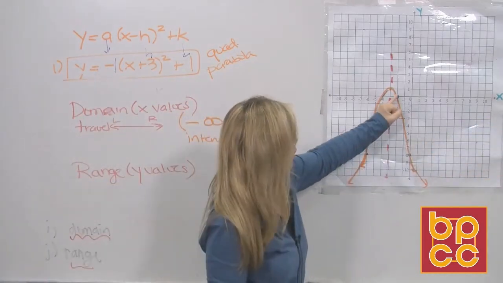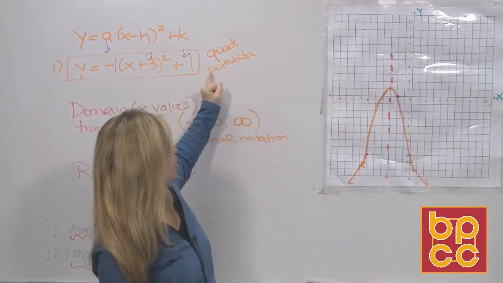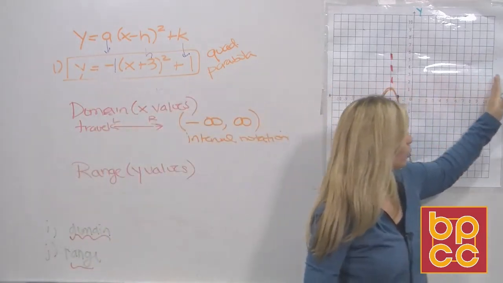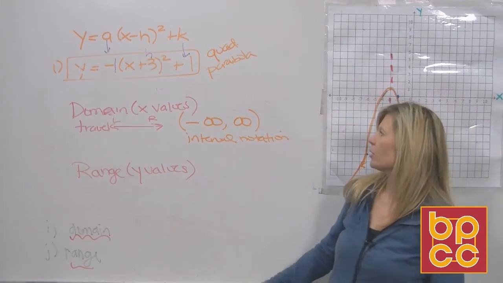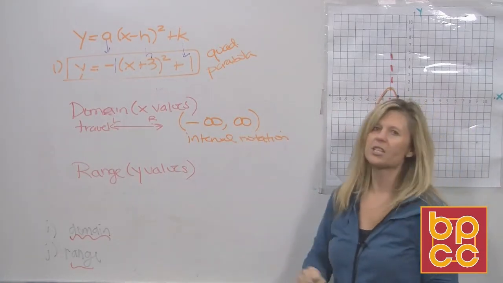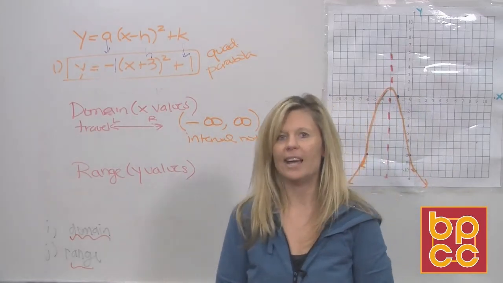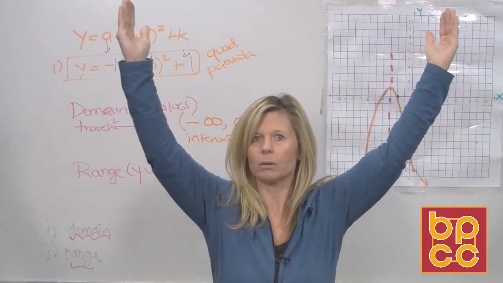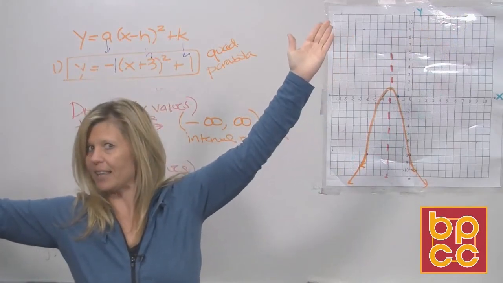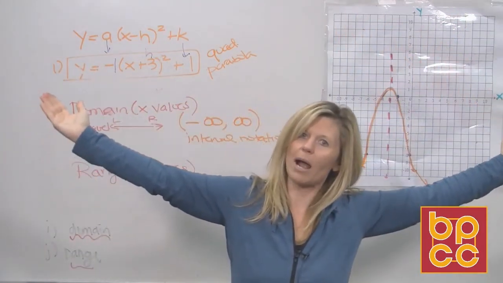Well, if you go all the way to the left of the x-axis, you're going to smaller numbers, negative infinity. If you go all the way to the right, you're going to bigger numbers, positive infinity. That will always be the domain of a parabola. If the parabola opened upward and there were arrows, it would go all the way to the left, negative infinity, all the way to the right, positive infinity.